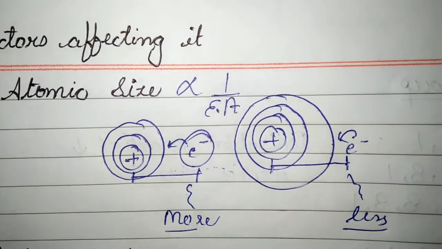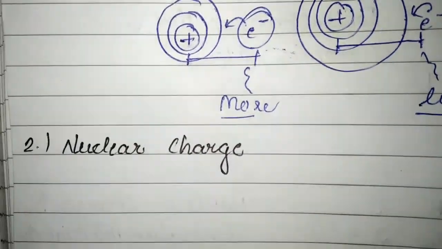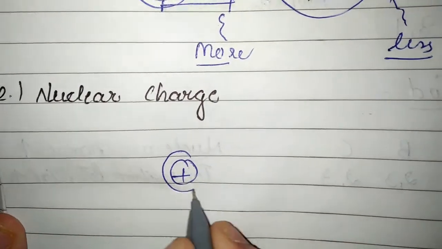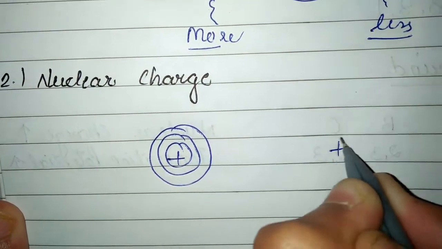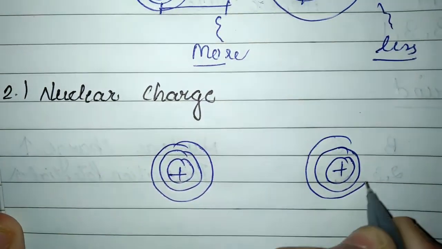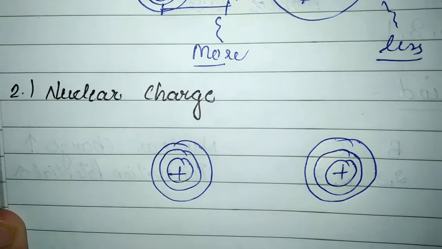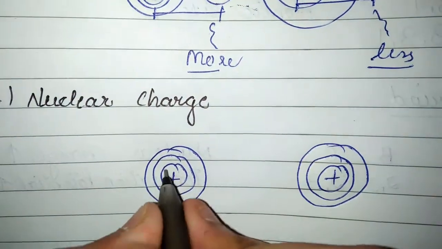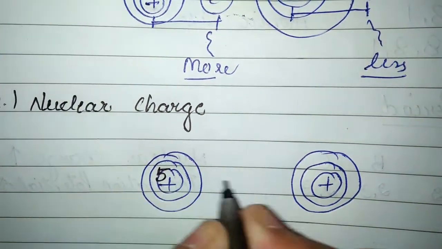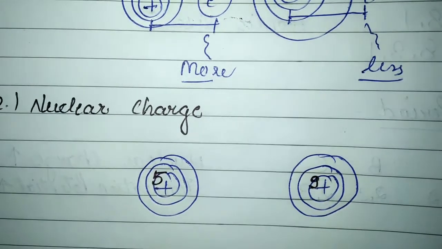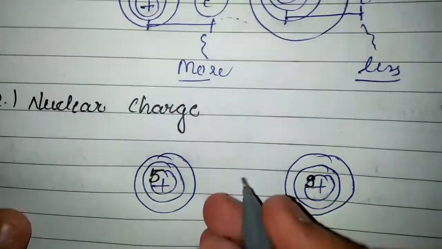Next factor is nuclear charge. Let's take two atoms, both having two shells. Now let's suppose the nuclear charge over the nucleus here is 5 and here 9. Suppose an electron wants to enter here.